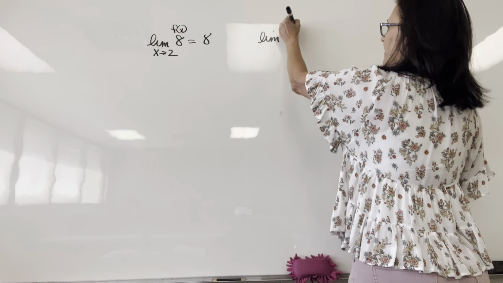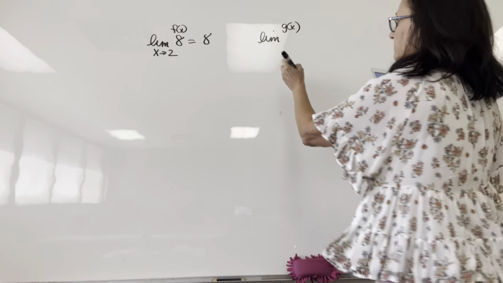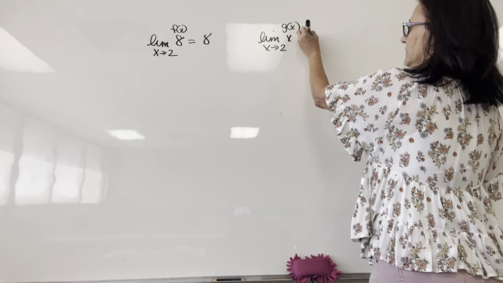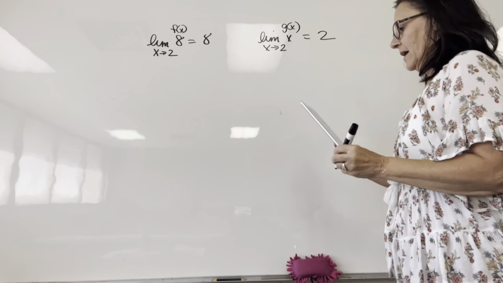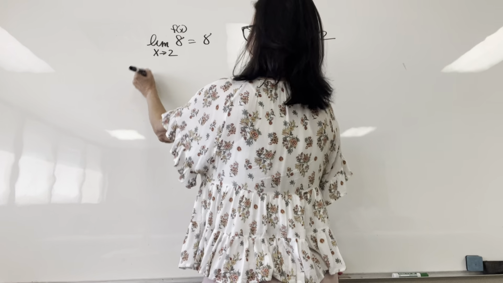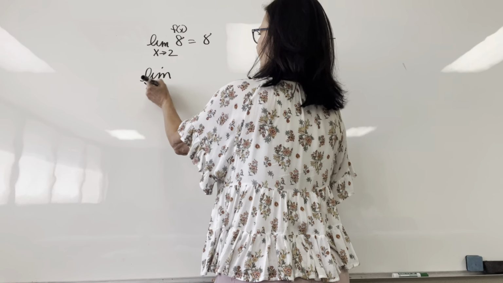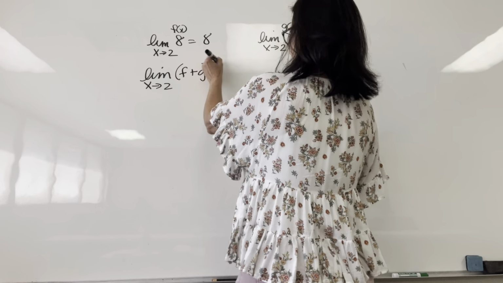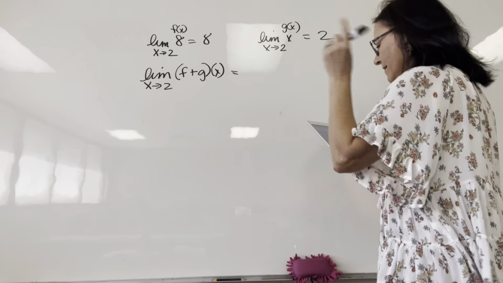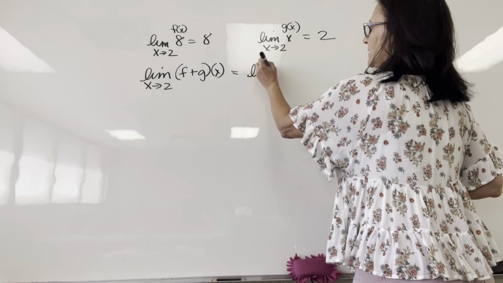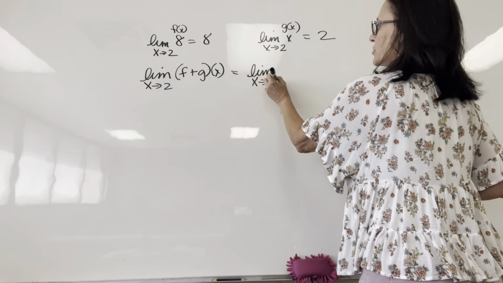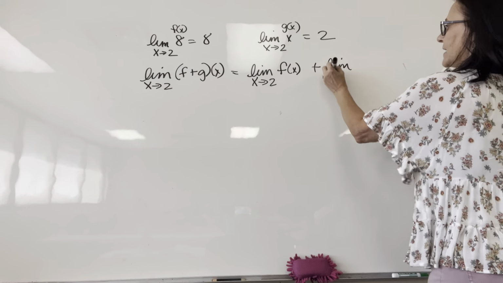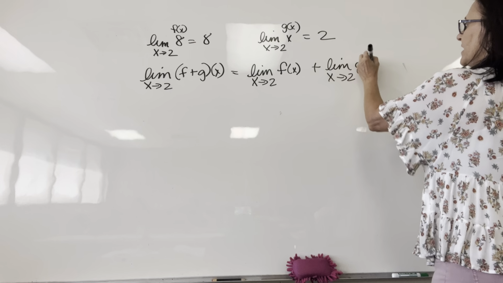We'll call this g of x. The limit of x as x approaches 2 is what? 2. Okay. So we could say the limit as x approaches 2 of f plus g of x is the same thing as the limit as x approaches 2 of f of x plus the limit as x approaches 2 of g of x.